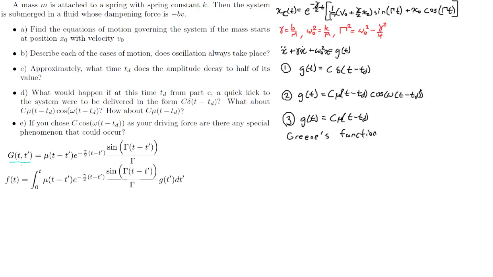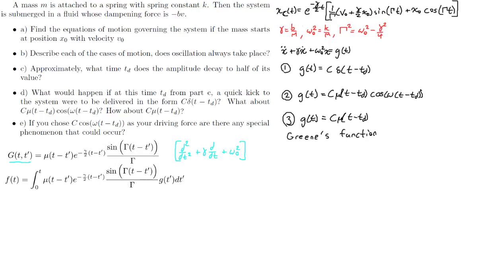More specifically, this is the Green's function for our operator up here: a second order time derivative, plus gamma times a first order time derivative, plus omega naught squared. So this is the Green's function associated with this operator.